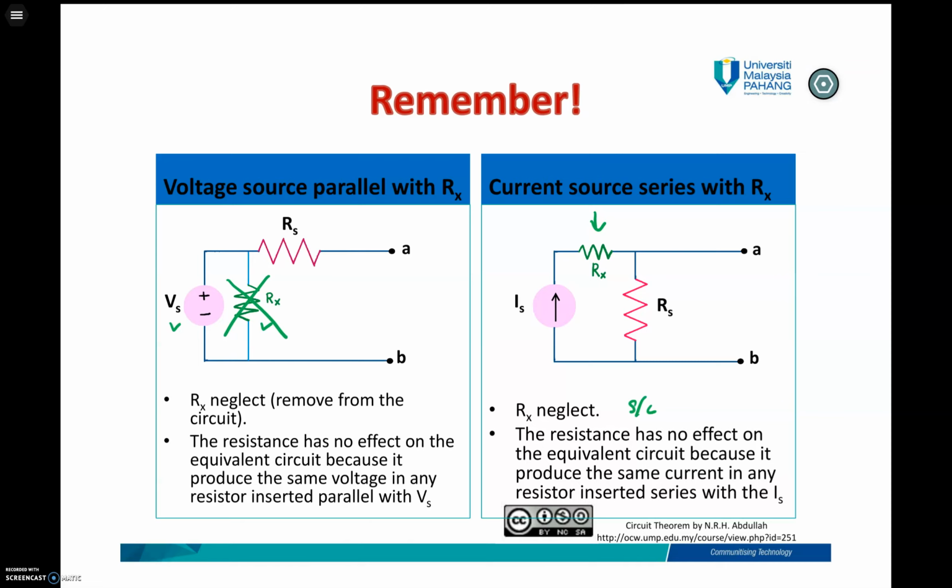So before you calculate or solve the circuit using source transformation, make sure that there is no Vs in parallel with Rx, and no Is in series with the Rx.